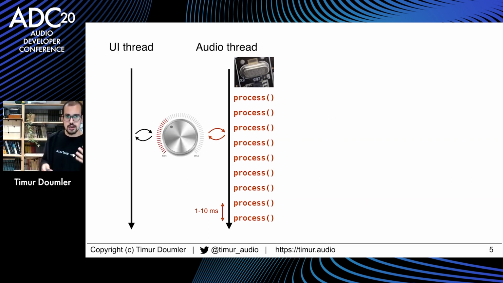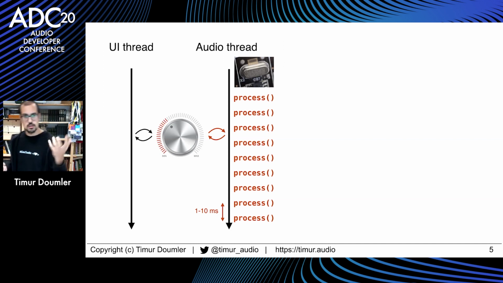Typically you have a UI thread, and then you have a knob, and the user turns the knob, and then you have to pump the new value of that parameter into the audio thread. Or you have to do it the other way around, where you have incoming automation data from the host, which might or might not be on the audio thread, and then you have to update the knob and display that on the UI. So it goes both ways.